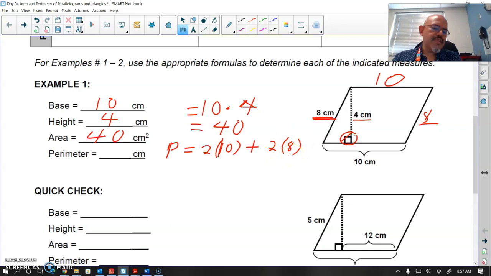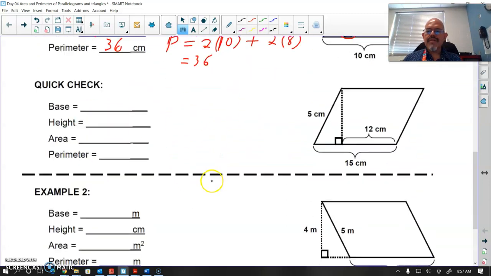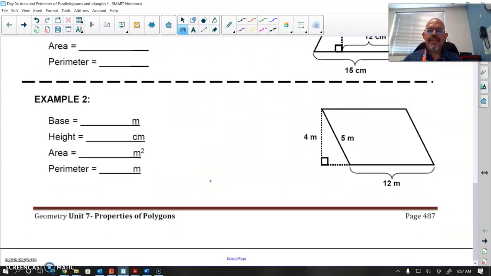So that's 20 plus 16, which is 36 units. So this is 36 centimeters, and that's about it for that. Pretty easy, self-explanatory. Let's take a look at this example.